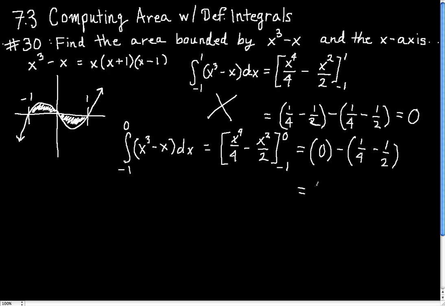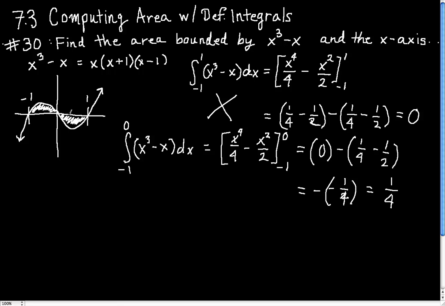Indeed, because I will get minus 1/4 minus 1/2 is minus 3/4, or sorry, minus 1/4. And so I get positive 1/4, which makes sense. I should have gotten a positive number for this, because this number 1/4 should be this area right here between -1 and 0, and this graph and the x-axis.